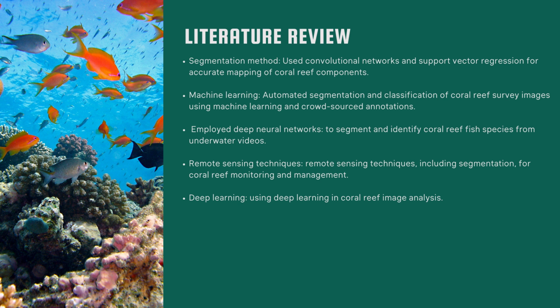Automated segmentation and classification of coral reef survey images using machine learning and crowdsourced annotations, demonstrating feasibility for large-scale reef monitoring. The third one employs deep neural networks to segment and identify coral reef fish species from underwater video. It highlights the potential of deep learning for automated reef fish segmentation, aiding ecological research and conservation.